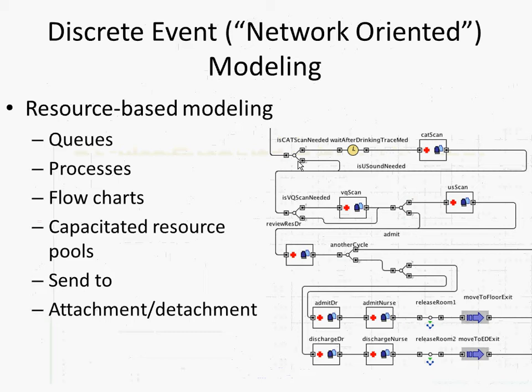In contrast to agent-based modeling, where heterogeneity is kind of the name of the game, and agents differ in sex and income and ethnicity and all these different characteristics, and very routinely in the state they're in, their location and their position in a network. By and large here in discrete event modeling, we have more or less anonymous agents, and we have these pools of more or less interchangeable resources.